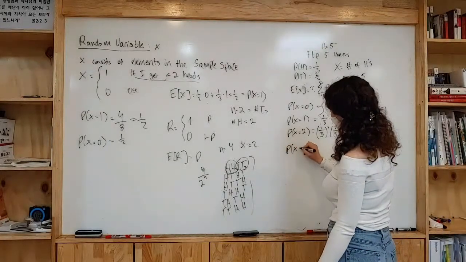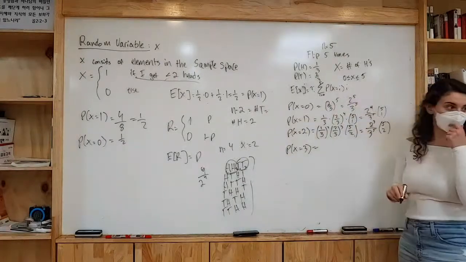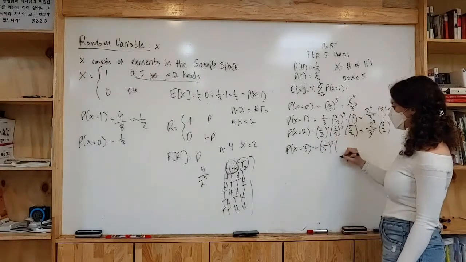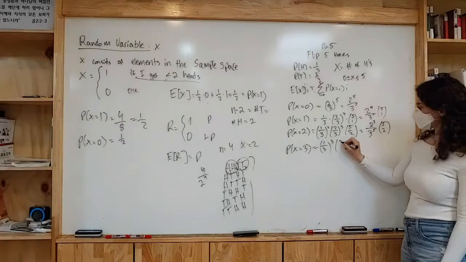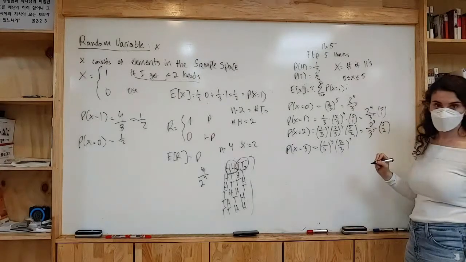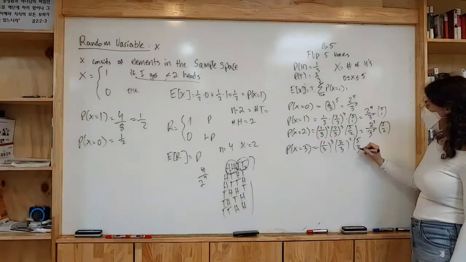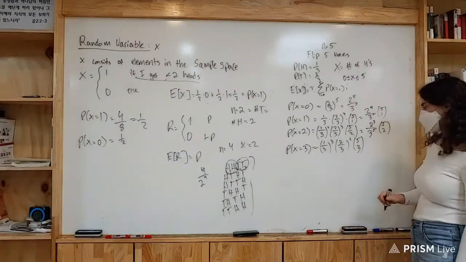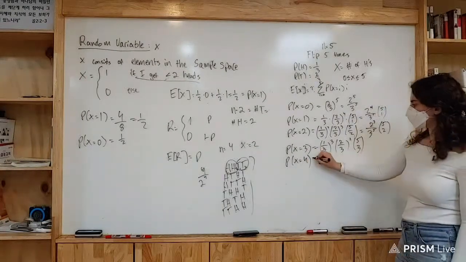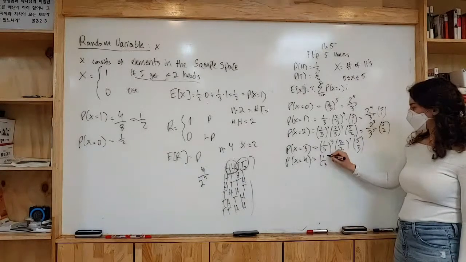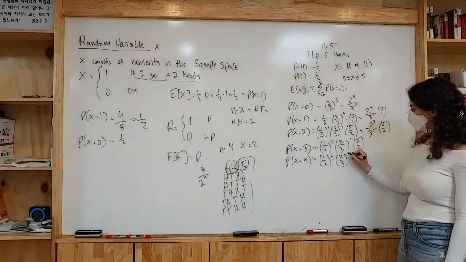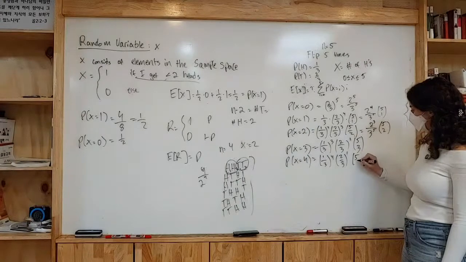What is P of x equals 3? 1/3 cubed, times 2/3 squared, times 5 choose 3. I have to pick where the 3 heads go. Alright, what about P of x equals 4? 1/3 to the 4th times 2/3.